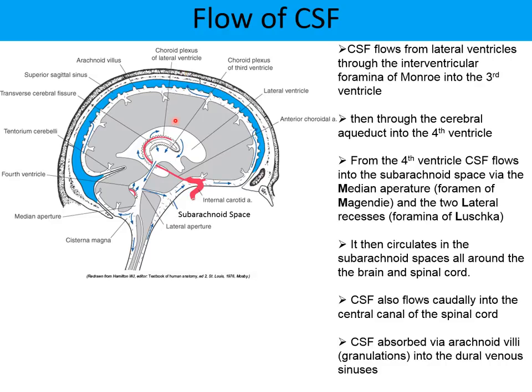The flow of CSF is indicated here. It starts out in the lateral ventricles, travels through the foramen of Monroe to the third ventricle. Some additional CSF is produced in the third ventricle. It then travels through the cerebral aqueduct into the fourth ventricle.